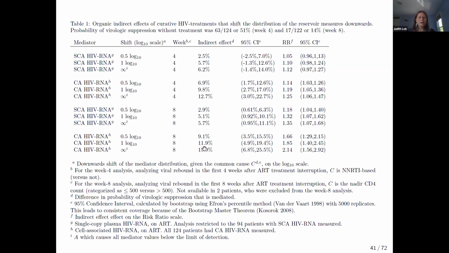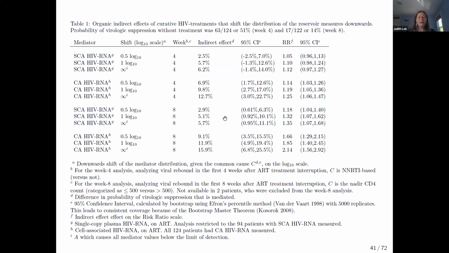You see that it seems like a shift of the cell-associated HIV RNA results in bigger indirect effects than a shift in the single copy assay HIV RNA, which would suggest that this is a better target for treatment shifts, although that may also be due to measurement error that is present in both these mediators. And I will get back to that later.